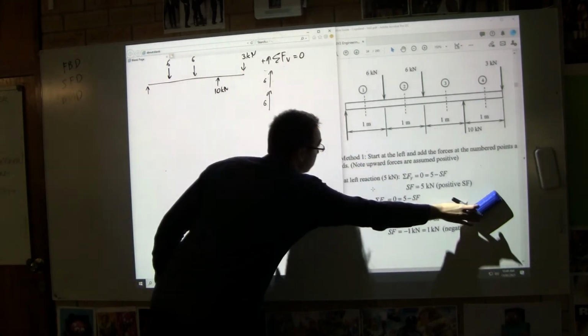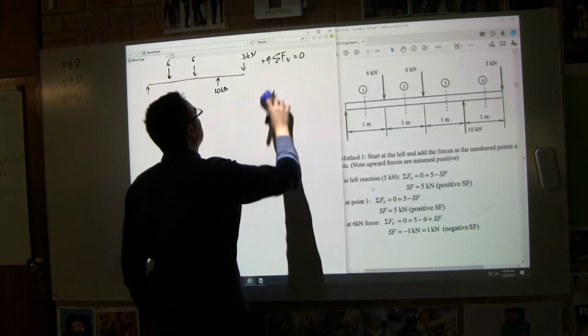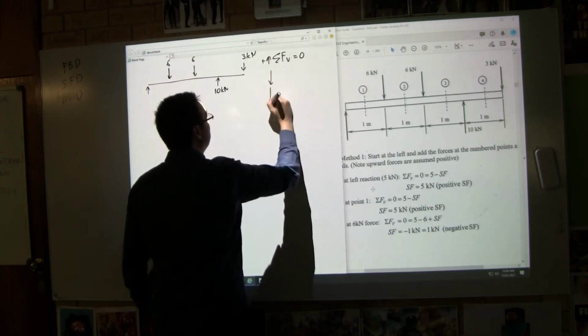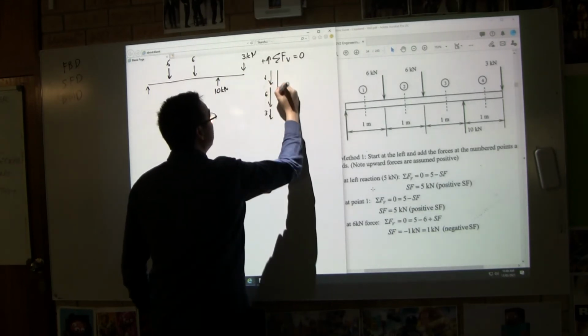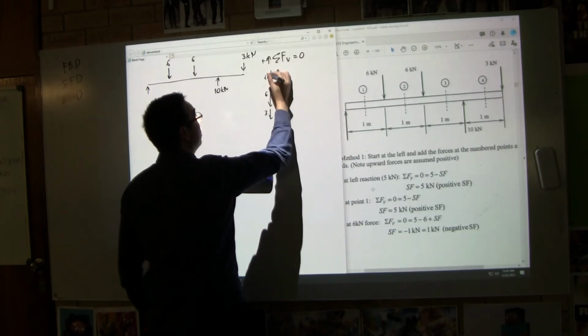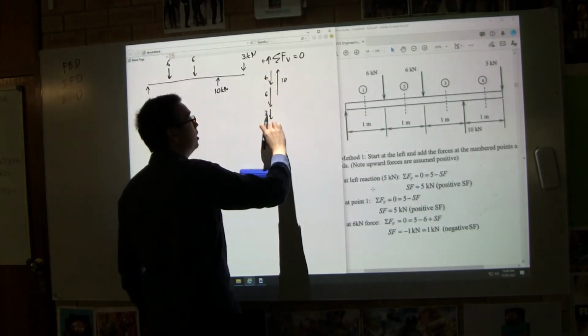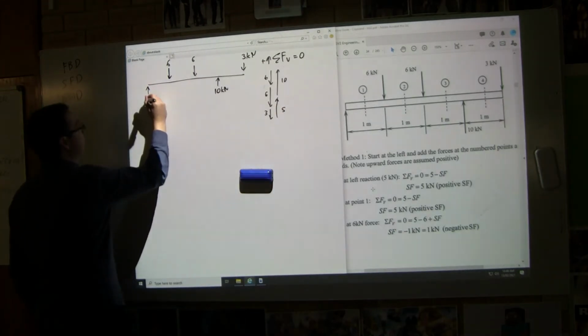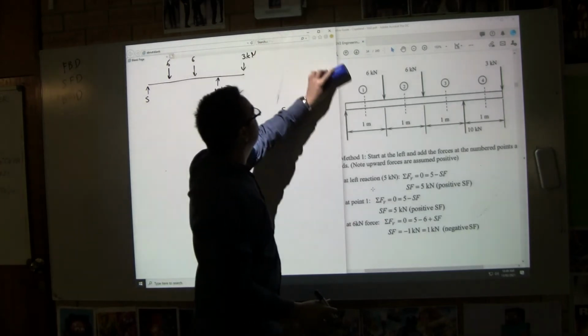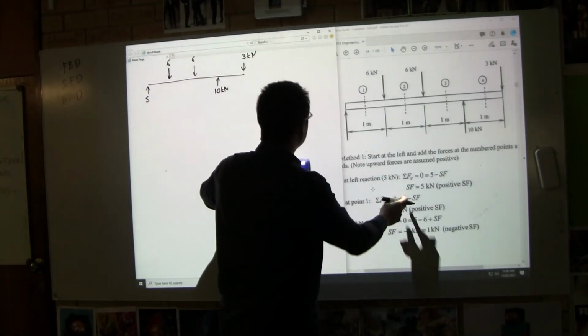Oh, I'm using my arrows the wrong way. I always find with these it's just easier to draw a little diagram. 6, 6, 3. I've got 10 going up. So what have I got here? I've got 12 minus 15, so it means I've got 5 missing. So let's write in 5. The answer is 5. It says up here 5.